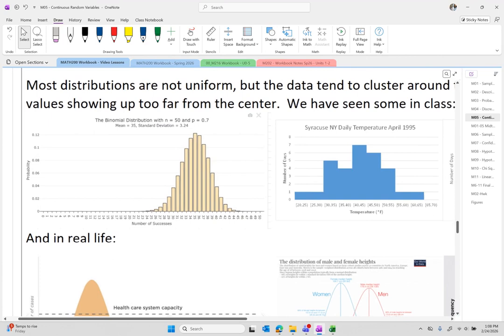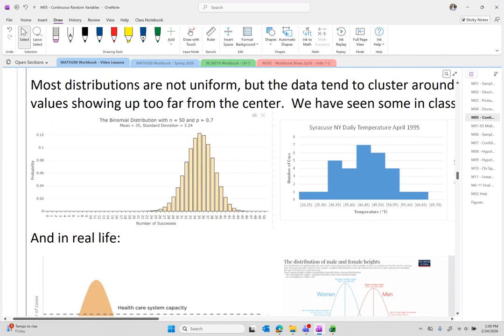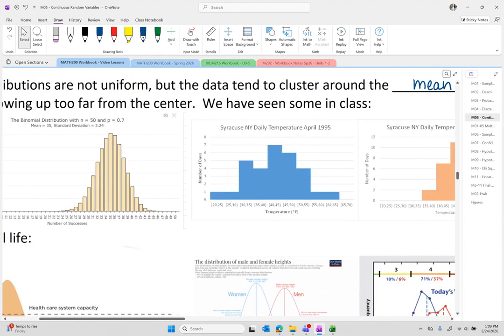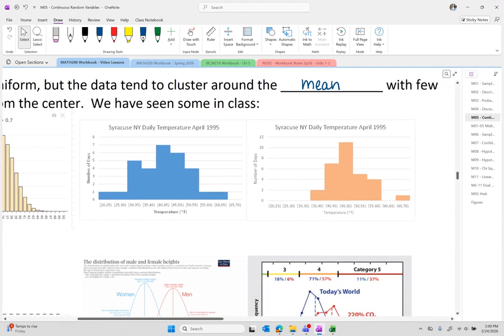We have seen the binomial distribution of the students completing the homework on time. We have seen Syracuse daily temperatures in April of 2005. The 1995 shown here is incorrect.